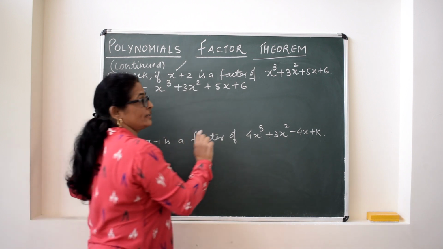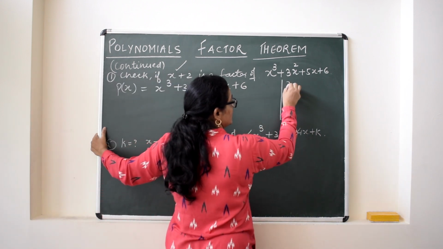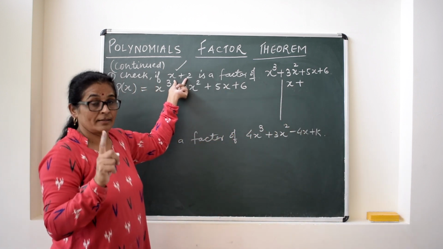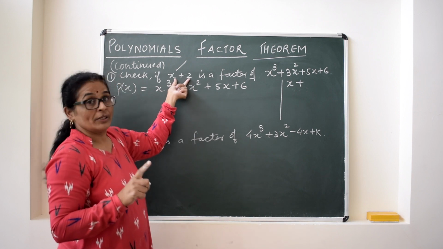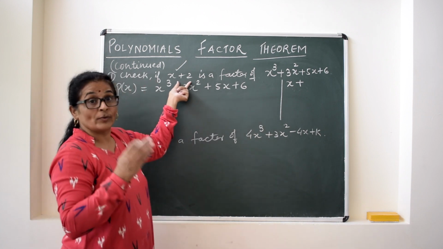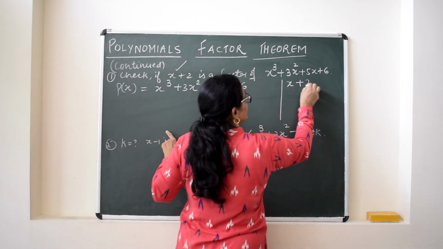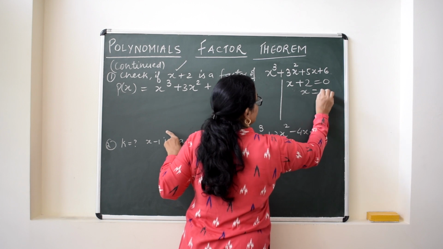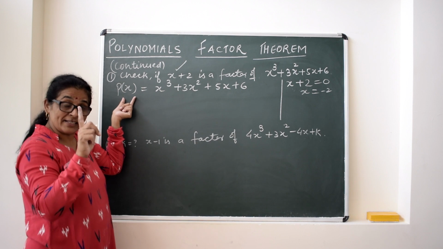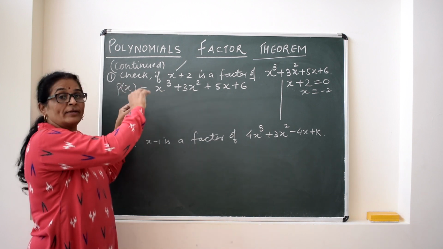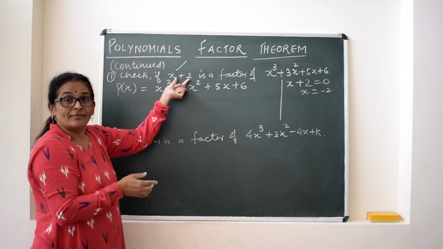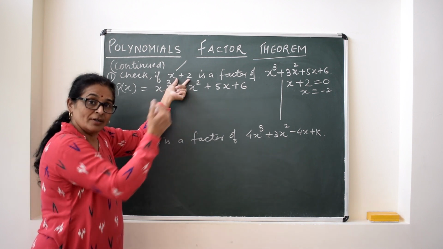Now how will we get this minus 2? Whichever polynomial has to be checked as a factor of the given polynomial should be linear, and you will equate it to 0 to get the value of x. That value of x is to be substituted in place of x, and we check the overall value. If it comes to 0, it means the given linear polynomial is a factor of p of x.